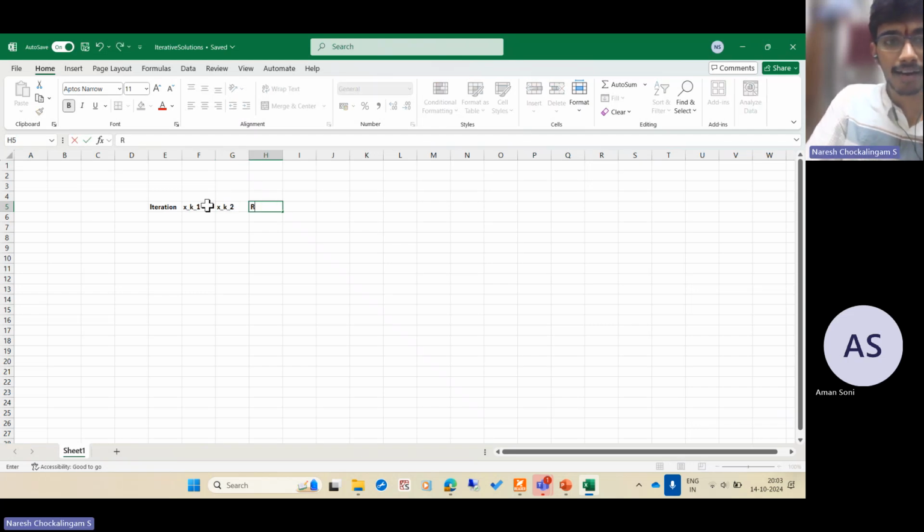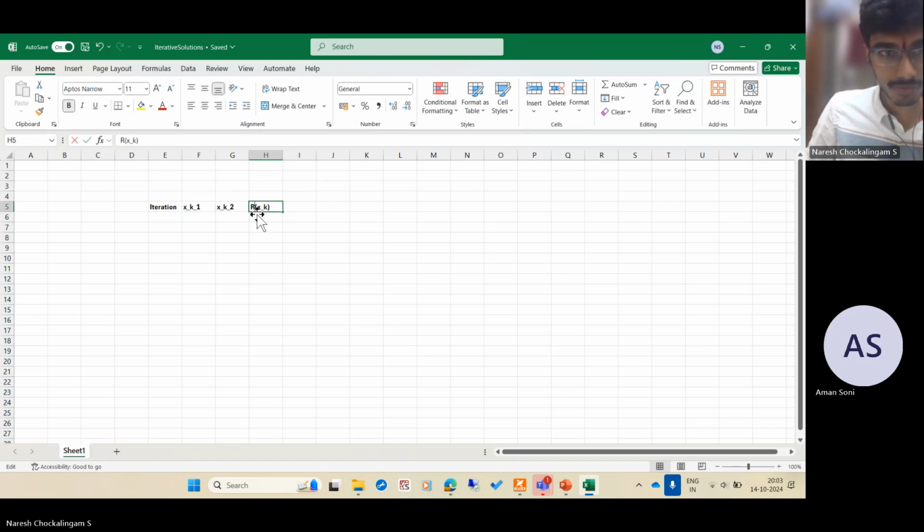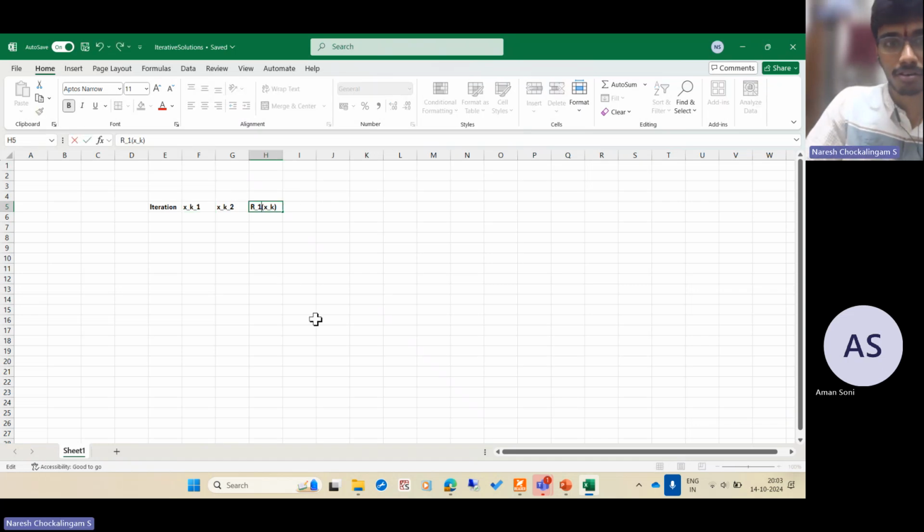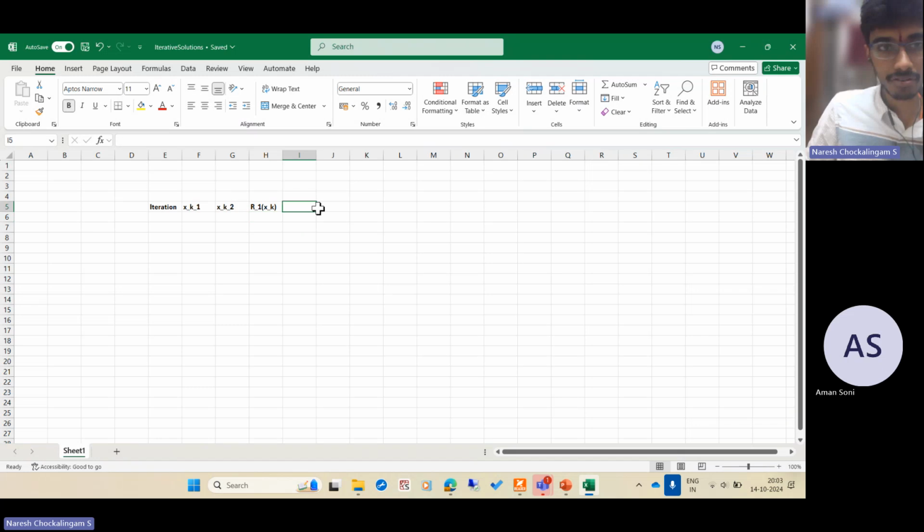Then you find r of xk, the first component, r1 of xk. Then you similarly have an r2 of xk.